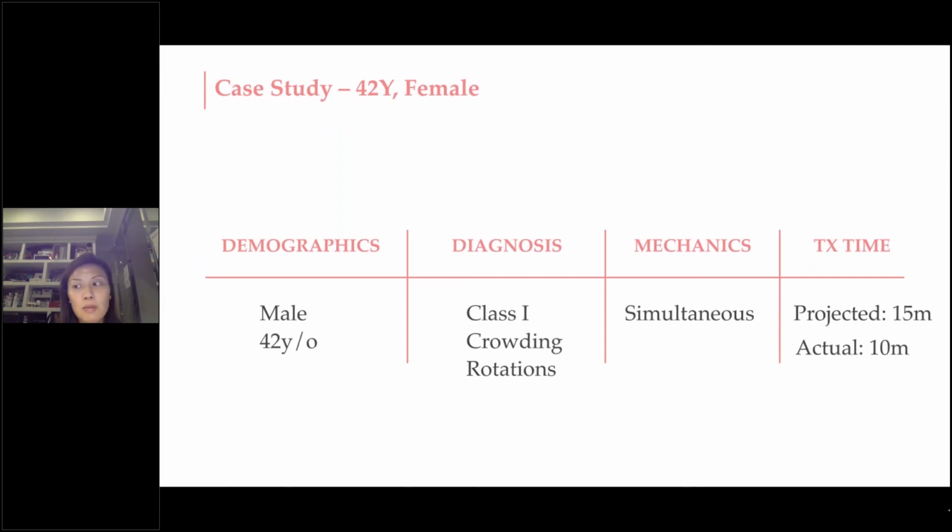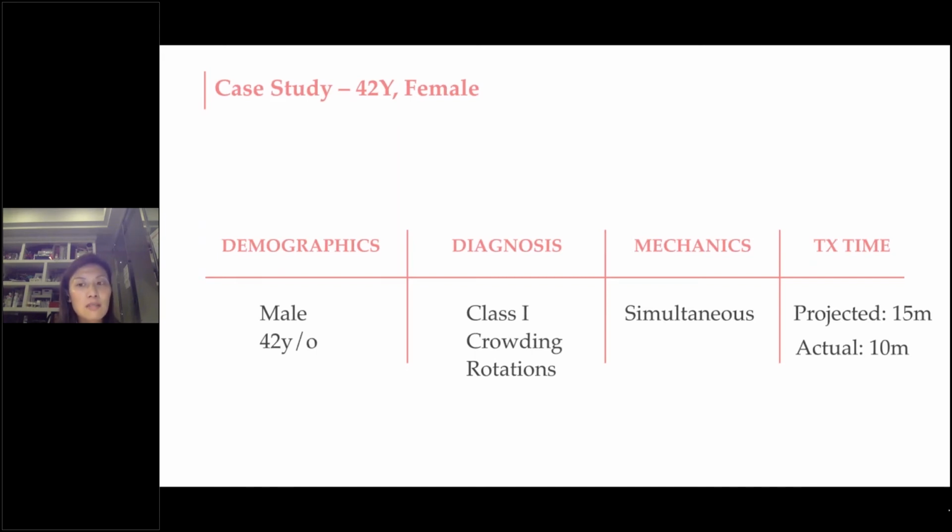And with all this stubborn bone, it's really hard to move the teeth. So we're always looking for methods to make the teeth move better, not even faster.